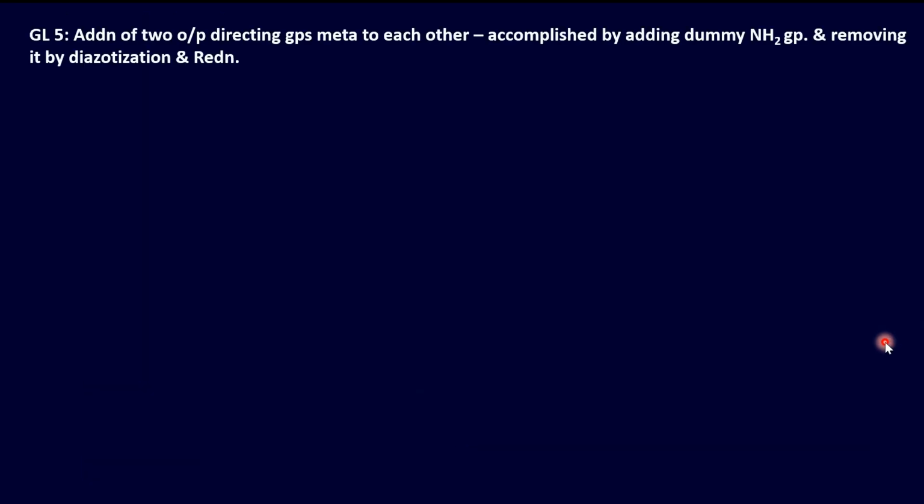Further, guideline 5 says I have two ortho-para directing groups in a molecule and they are meta to each other. When an ortho-para directing group is already present, another group if I want to attach, it will attach either at ortho or para position. But if I wanted it at meta position, then what should I do?